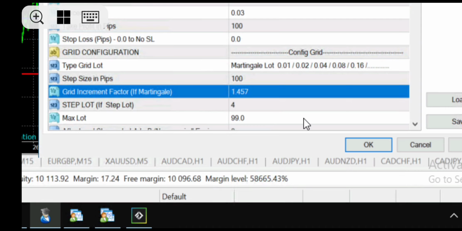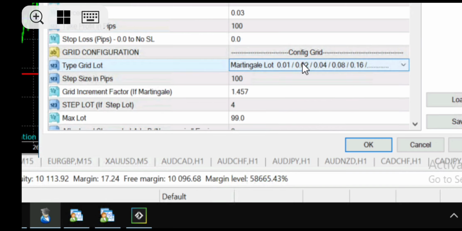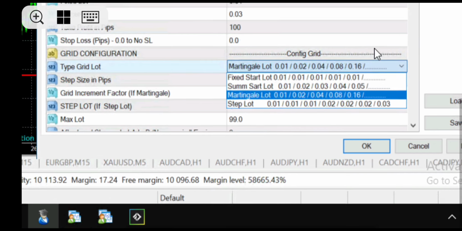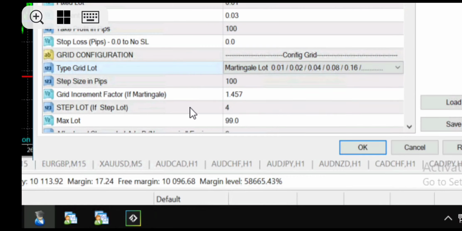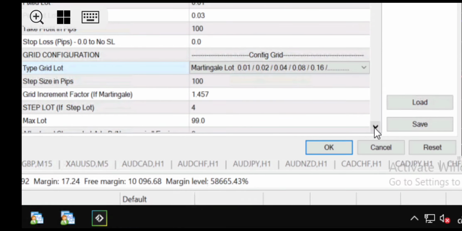Now step lot. Because we have martingale, we have step lot, we have sum start lot and the likes. It is asking, if it is step lot, what factor do you want to use in multiplying the next lot?